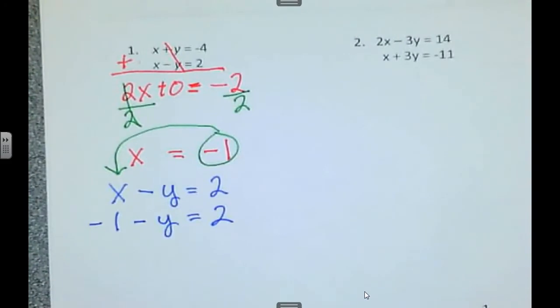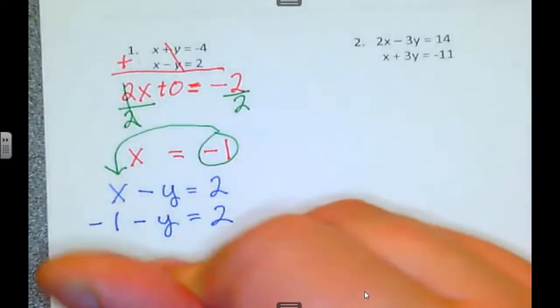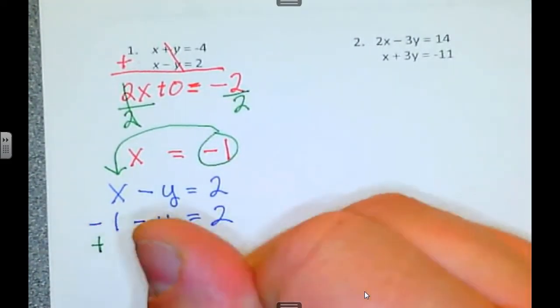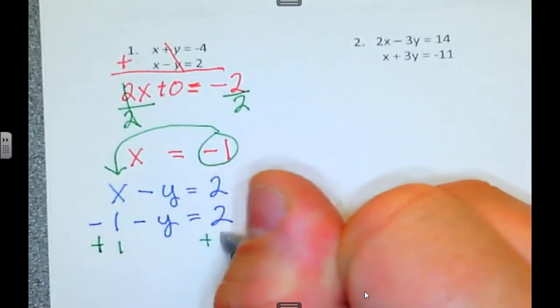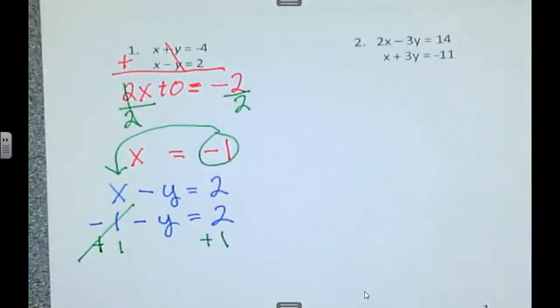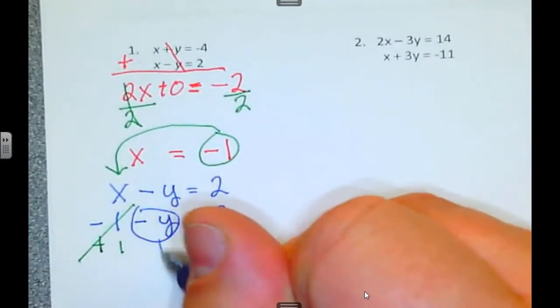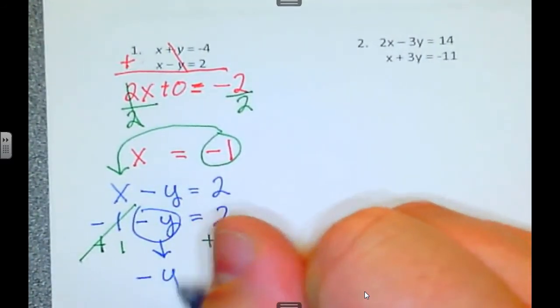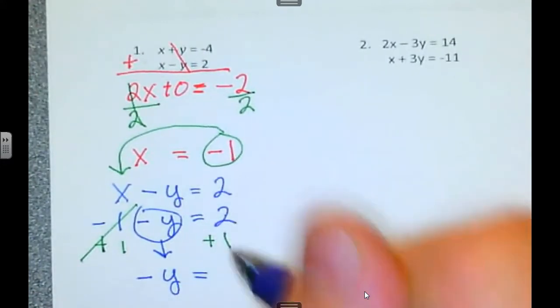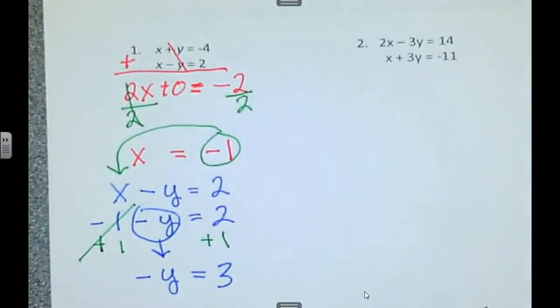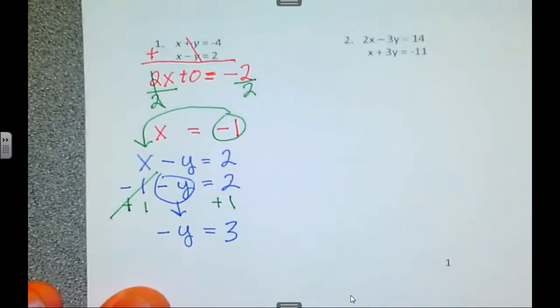I'm going to add 1 to both sides. So I get negative y, got to bring down my minus y, 2 plus 1 is 3. I'm not done because I have to get rid of the minus sign on my y.